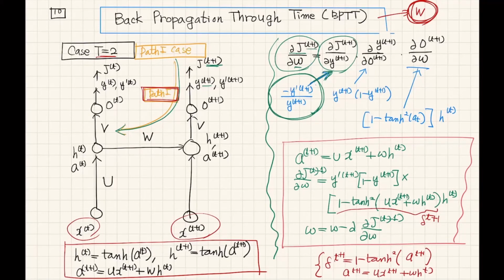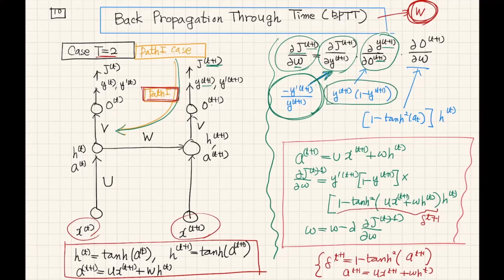The second term is the derivative of y with respect to O at t plus 1. And it is a softmax function, and in the previous slides, we obtained this equation.